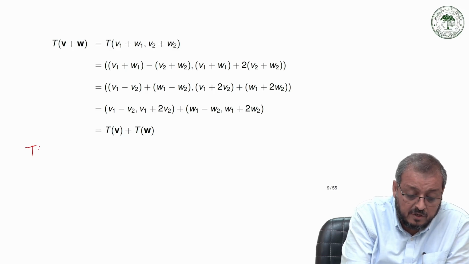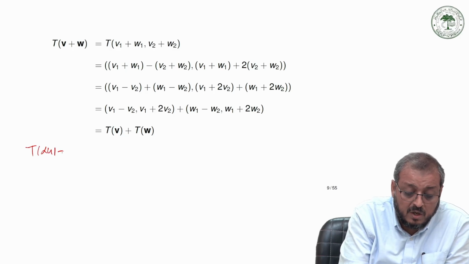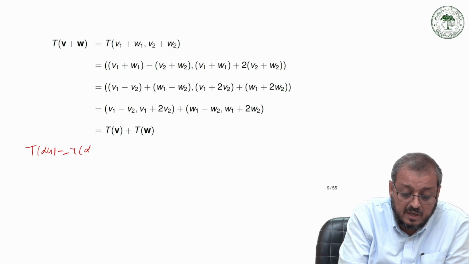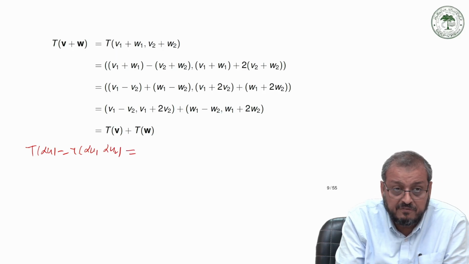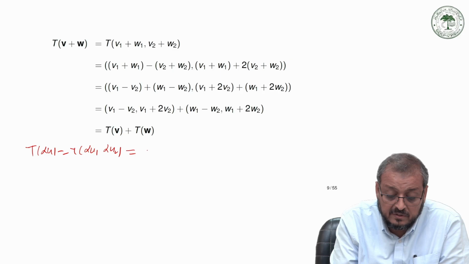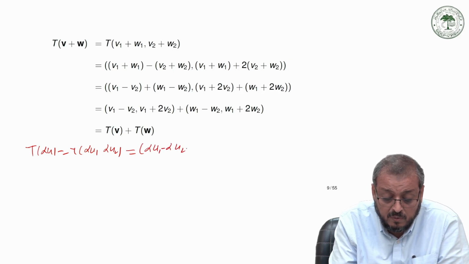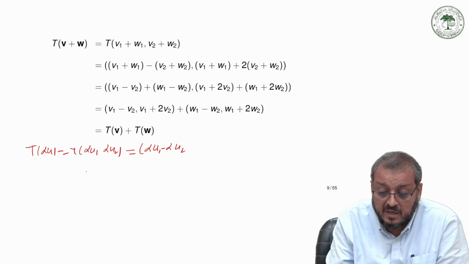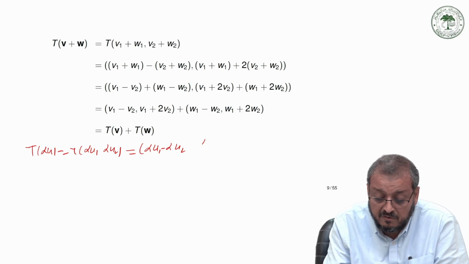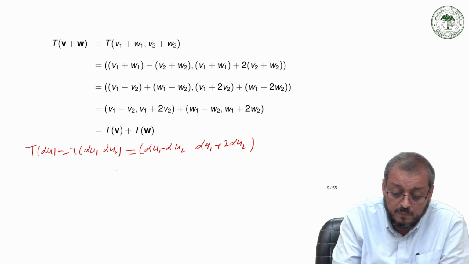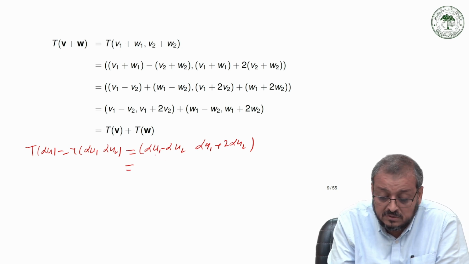So we have to take T of alpha times u, T of (alpha u1, alpha u2), and by the definition this can be written as (alpha times u1 minus alpha times u2), and similarly (alpha times u1 plus 2 times alpha u2).